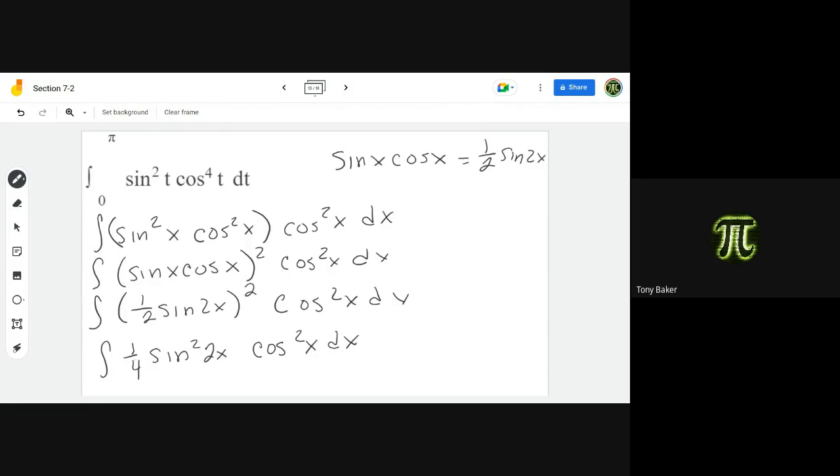No, this actually is simpler at this point. All right, so now we can multiply. Oh, I forgot to change my cosine.